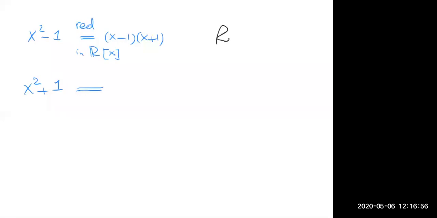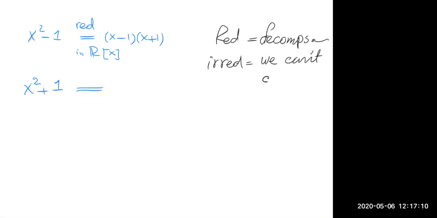Reducible means we can factor it or decompose it. Irreducible means we can't decompose it. So in R[x], can we decompose this thing into simpler polynomials? Is it possible?